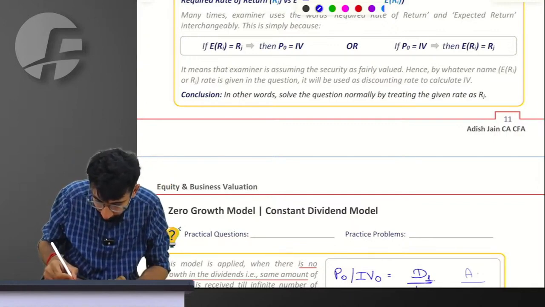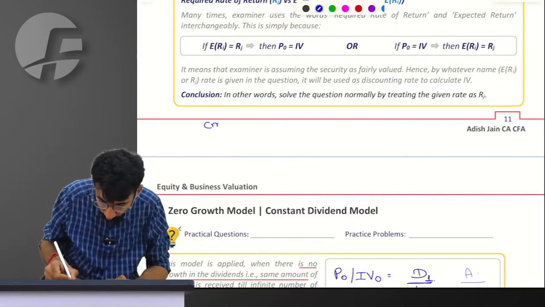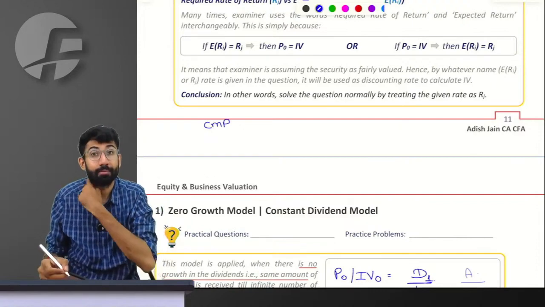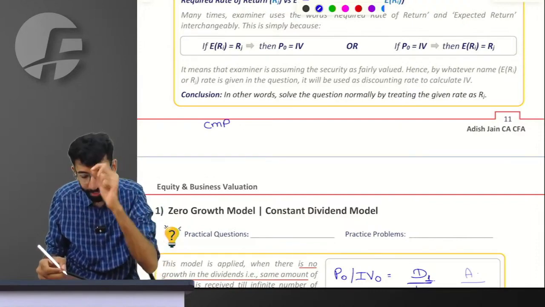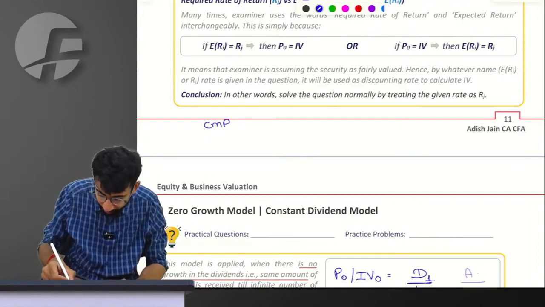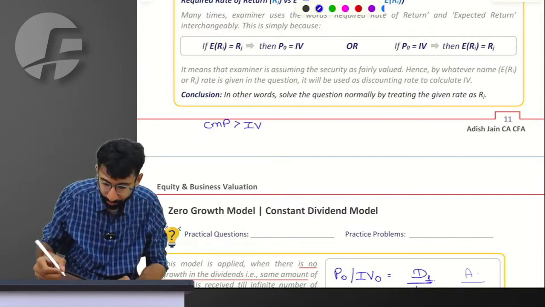So we will say, always comment on the actual price in the market. Which is why I always write CMP first. If CMP is more than intrinsic value, the share is overvalued, in which case we should sell it.